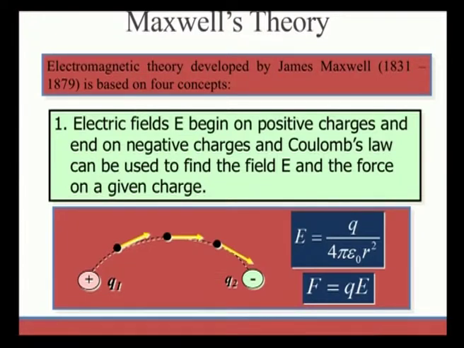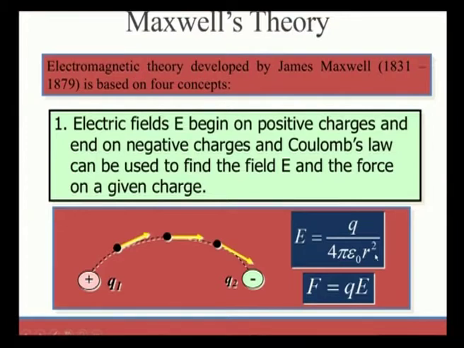The electric field E begins on a positive charge and ends on a negative charge, and Coulomb's law can be used to find the field E and the force on a given charge. Coulomb's law says that if a charge q is placed at a distance r, the electric field will be equal to q divided by 4 pi epsilon naught r square.